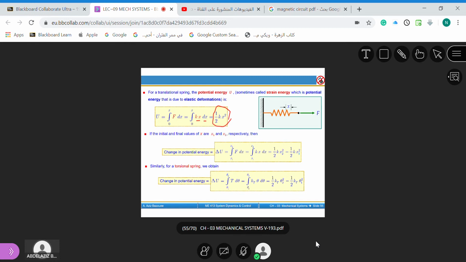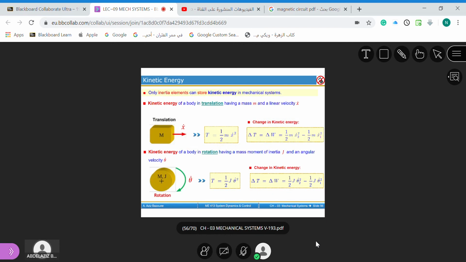If the spring is attached between two positions, x1 and x2, it will be the final potential energy minus the initial potential energy: half k x2 squared minus half k x1 squared. Similarly, for the potential energy of a torsional spring, we have half kt theta 2 squared minus half kt theta 1 squared.